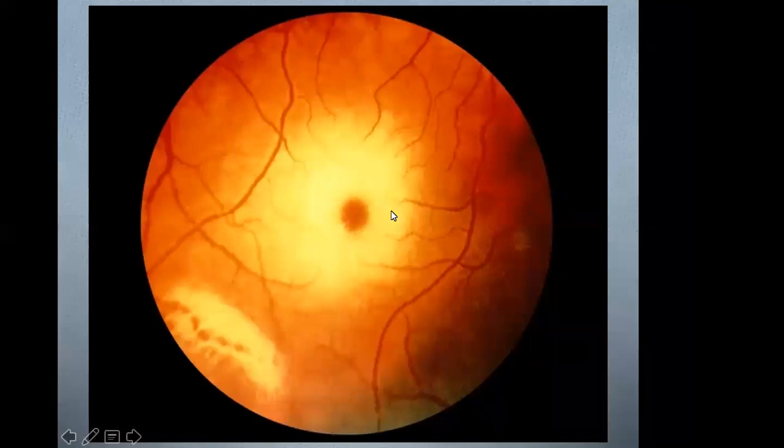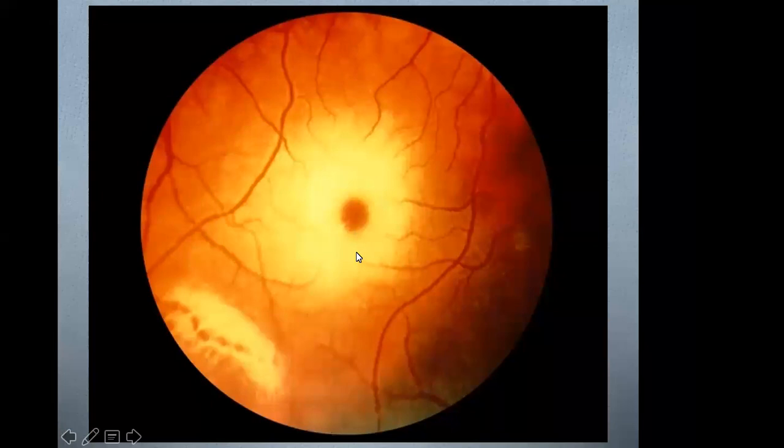This is the retina, this is the optic disc, these are the vessels. So in Tay-Sachs disease, this type of presentation is called a cherry red spot. Cherry red spot.